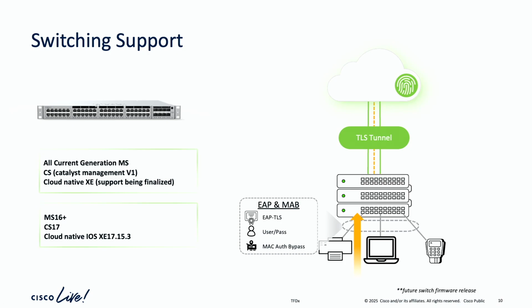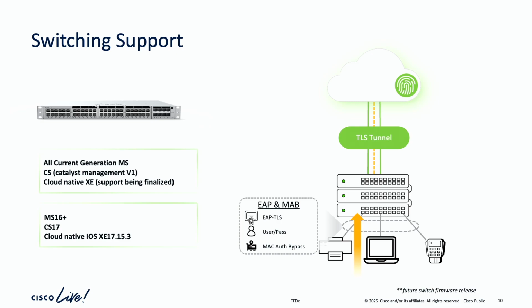From a switching support perspective, as I was mentioning, all current generation MS, anything that can run MS16 firmware and above, is supported. Our first generation of Catalyst switch management, which I presented on a couple times here, is supported, and we're bringing support for our cloud native XE next-gen software stack that we just launched into beta, and hopefully here in 17.15.3, if everything works out the way we want.